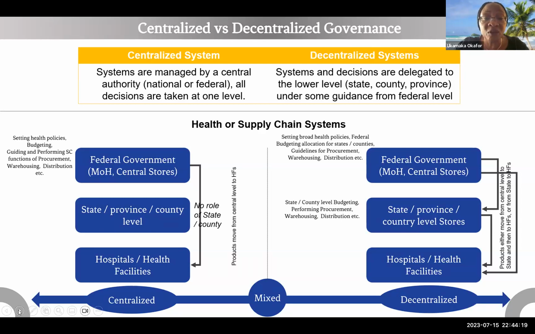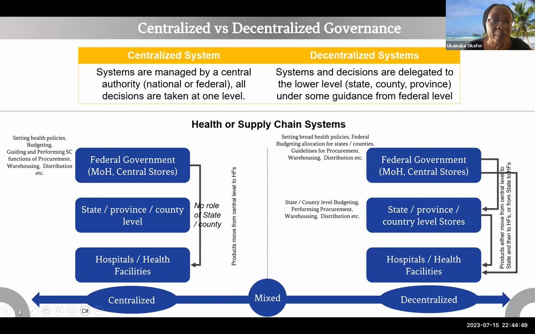So there are two major types of governance: the centralized and the decentralized governance. And in between the two, you have the mixed system of governance. In a centralized system, the system is managed by a central authority, either national or federal, that takes all the decisions at one particular level and controls the entire system in the country.